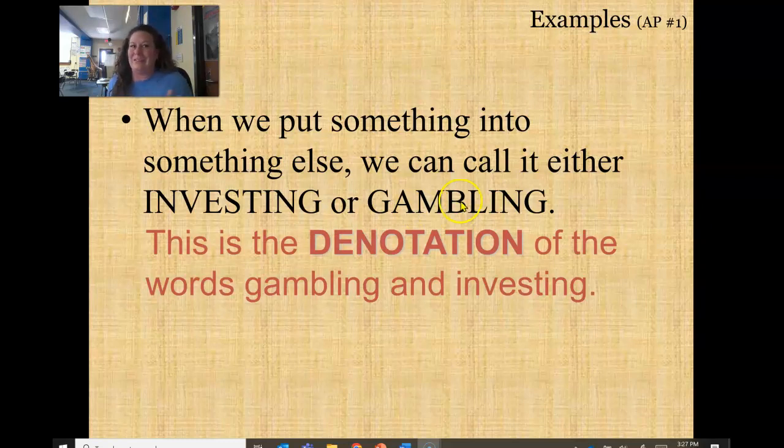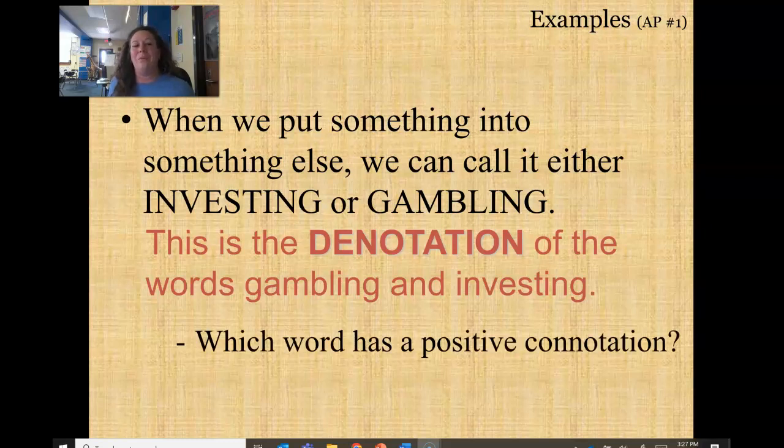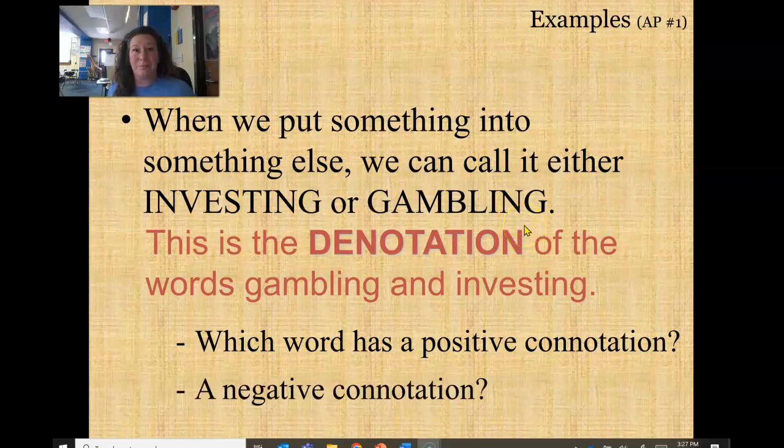Like we're just kind of putting something into something else, right? But one, investing, man, I'm pushing towards the future. I'm looking that way. But gambling is like, yeah, I'm taking a chance. So there's that positive feeling and then there's that negative feeling. So let's try another one.